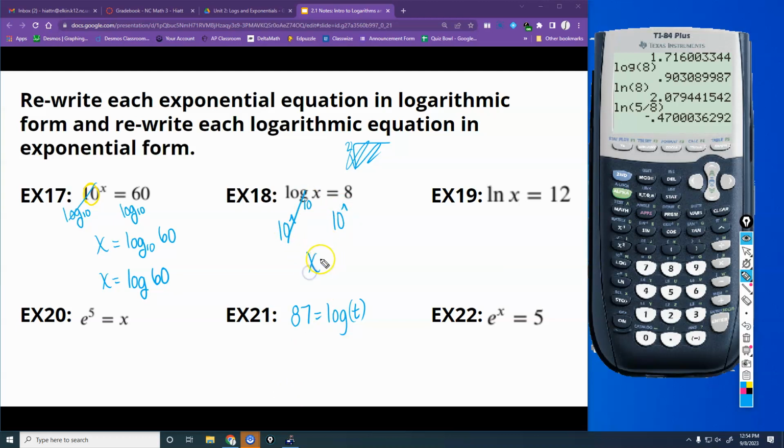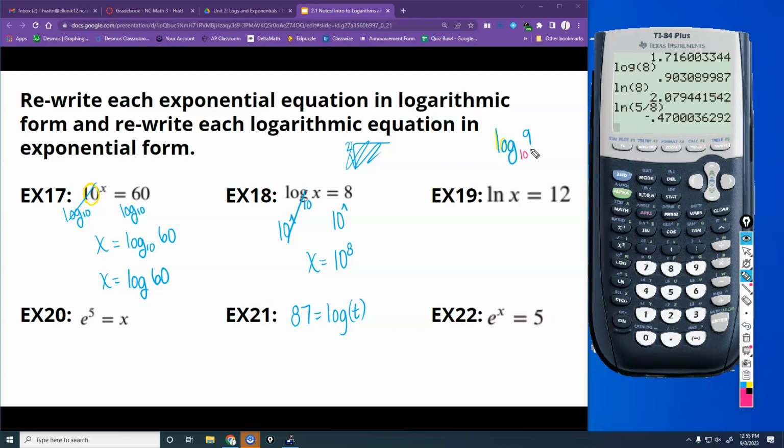So, x would equal 10 to the 8th power. Okay? Questions? If you just have log of 9, it is assumed that it is a 10. If it's not written, it's always a 10.